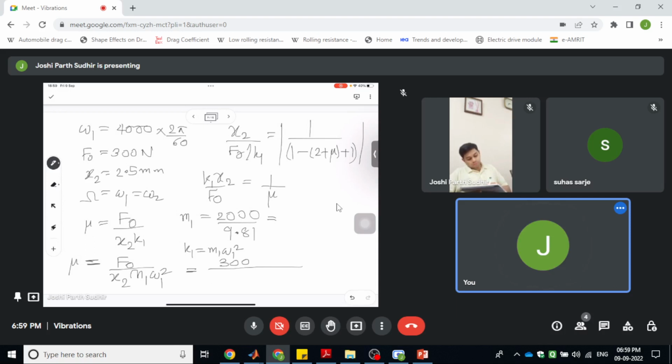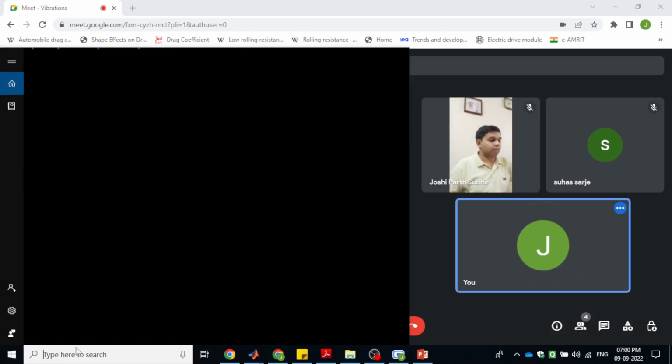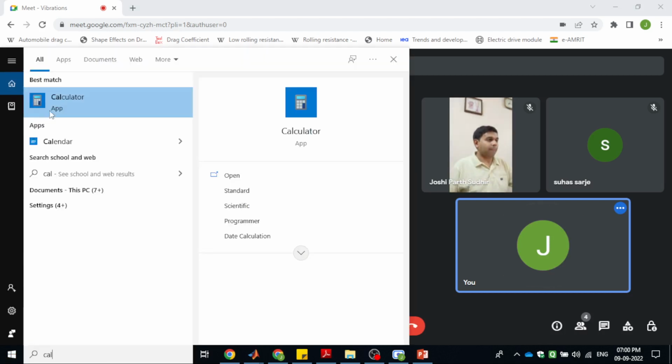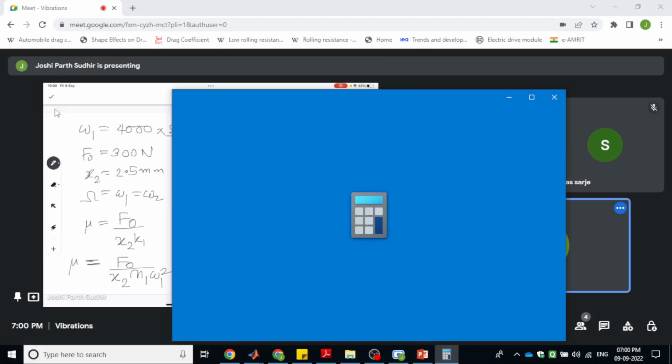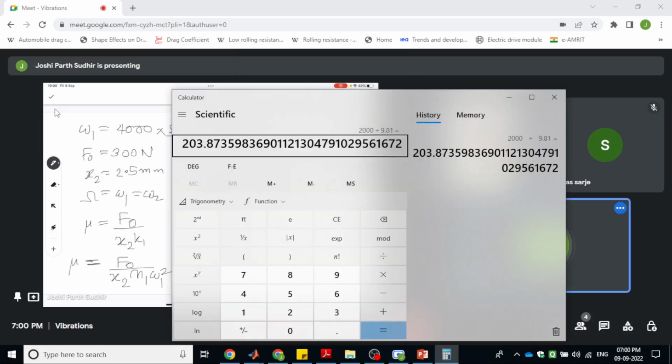So substituting its value in meters, the value of M1 will be 2000 by 9.81, which is 203.87 kg.